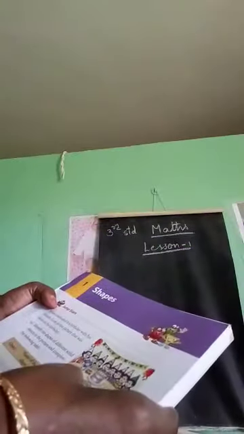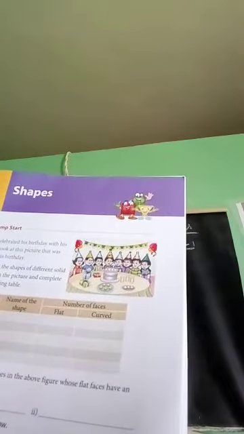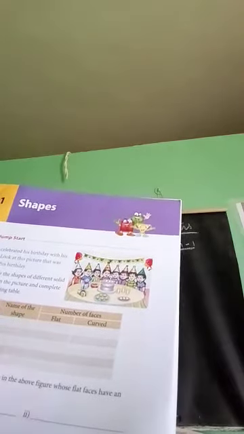After that, any other shape? This is some gift item which is in cylindrical shape. Here again you write gift. Okay, and after that any other shape is there? These are the shapes you are seeing. So you write the name of the shape.